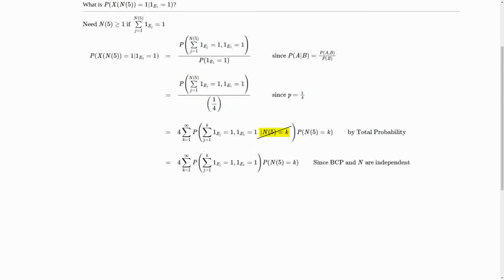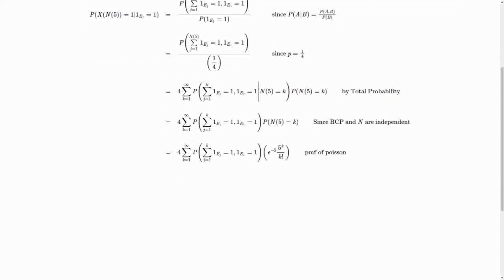Now we were told right away that the Poisson process was independent of the Bernoulli counting process. And what this means is N is independent of all these events E_j. And so the conditioning on the total probability line above does nothing, and we can just remove it. And the result is this expression by independence. Now at this point we can just substitute in the values.